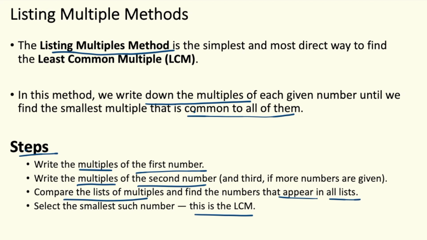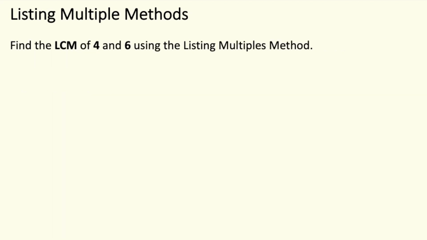So let us try an example. Here it is said to find the LCM of 4 and 6 using the listing multiple method. The first step is that we list down the multiples of the first number first. The first number here is 4.